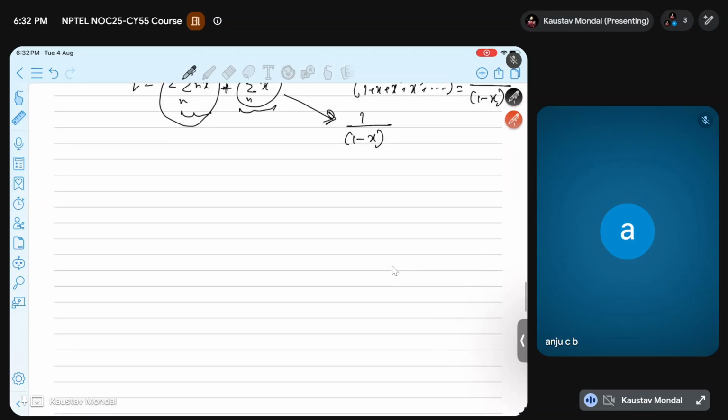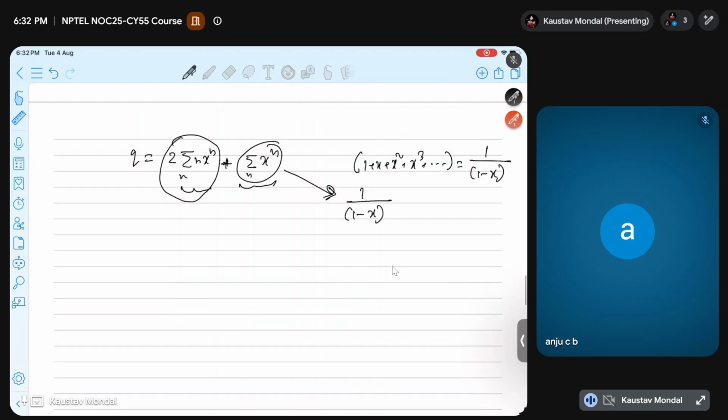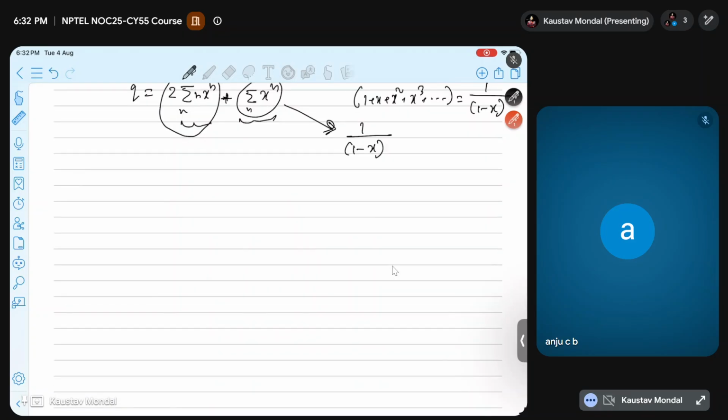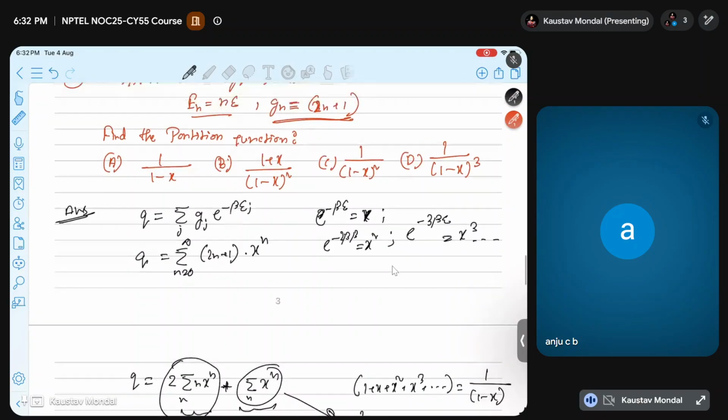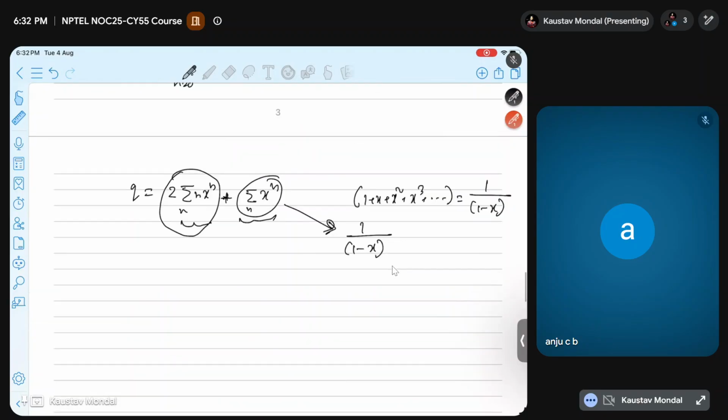This summation also has a closed form. It basically converges to a very closed form, and we need to know that form in order to get the expression that is given in the options. So how to do that?